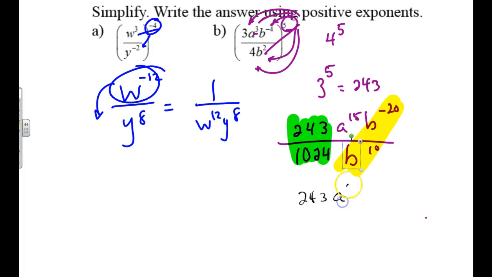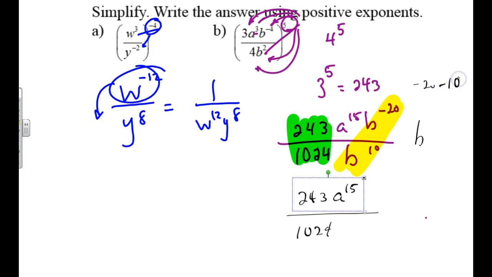I'm going to leave the a to the 15th. I'm going to leave the 1024. But the b's, I'm going to rewrite the base and then subtract. So it's negative 20 minus 10, which is negative 30. But then I'll throw that in the denominator. So it becomes b to the, let's see, did I do it right?